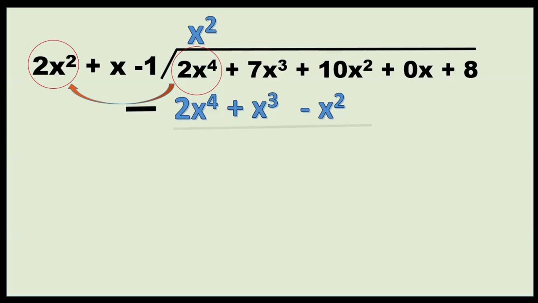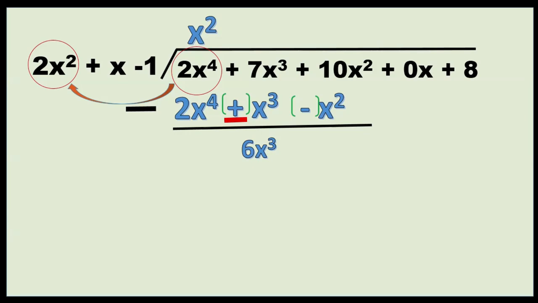Then subtract. 2x raised to 4 minus 2x raised to 4 is 0. And then 7x cubed minus positive x cubed. We're going to change positive into negative and then proceed as in addition. So 7x cubed plus negative x cubed is positive 6x cubed.